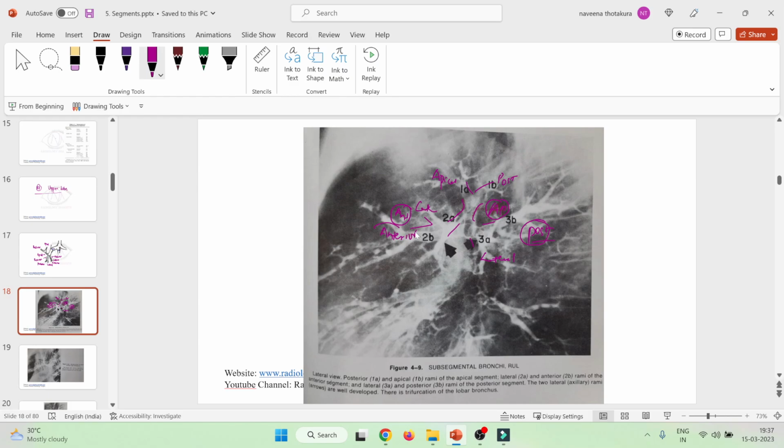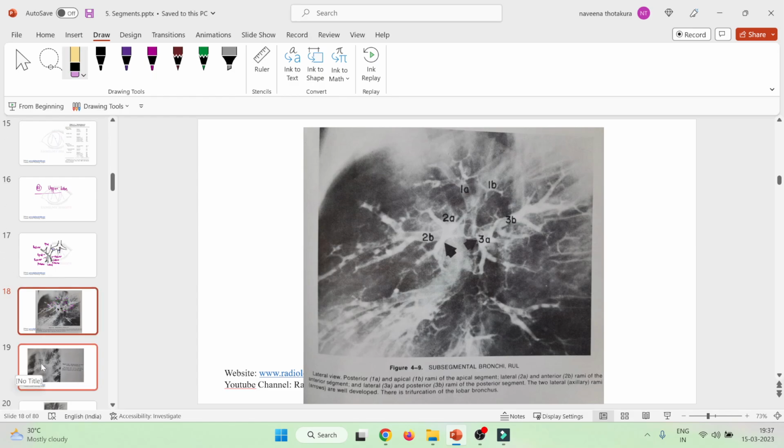The anterior segmental bronchus again divides into lateral and anterior subsegmental bronchi. And the posterior segmental bronchus is also divided into posterior and lateral subsegmental bronchi. So this is the actual division of the subsegmental bronchi. If I completely erase it, this is what we see here.